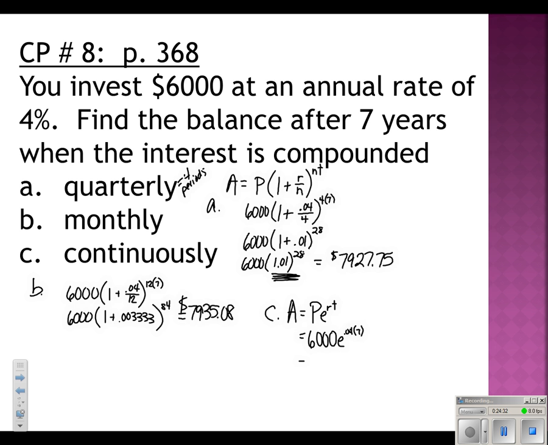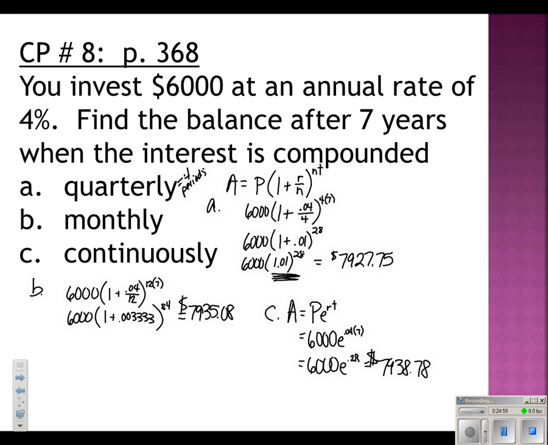So we end up with 6,000 e to the 0.28 power. So again, do your power first. Punch in e to the 0.28 power on your calculator, multiply that by 6,000, and you end up getting $7,938.78.